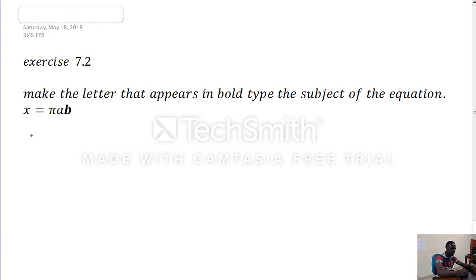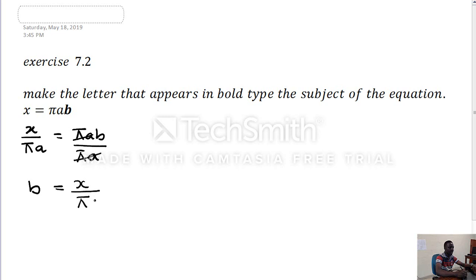So dividing both sides by pi a, you will have x divided by pi a is equal to pi ab divided by pi a. Pi a will cancel pi a, leaving us with b is equal to x divided by pi a as the subject of the formula.